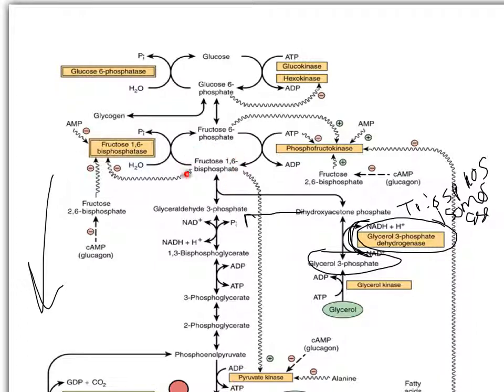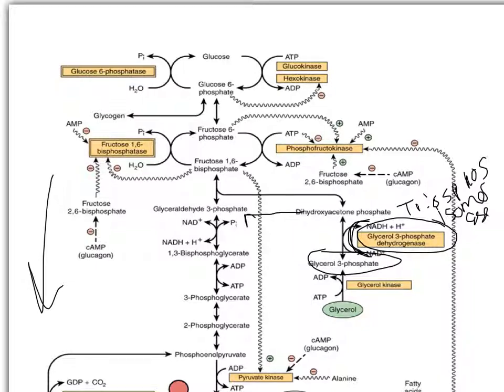Because phosphofructokinase only works in one direction, you can use fructose 1,6-bisphosphatase to remove one of the 2 phosphate groups to convert it to fructose 6-phosphate, which can reversibly go back to glucose 6-phosphate. And then glucose 6-phosphatase can reverse the irreversible glucokinase reaction and recreate glucose.